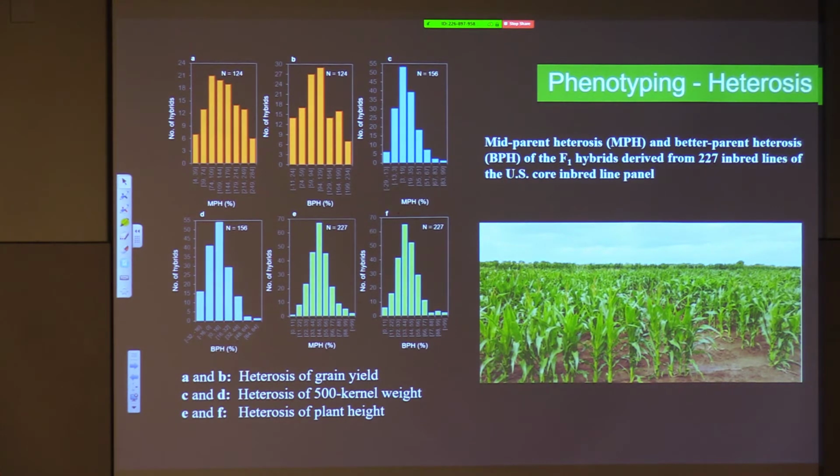From the picture, we can see that the hybrid lines in the back have a significantly stronger phenotype compared with the inbred lines. Heterosis of grain yield, 500 kernel weight, and plant height were collected in 227 lines.